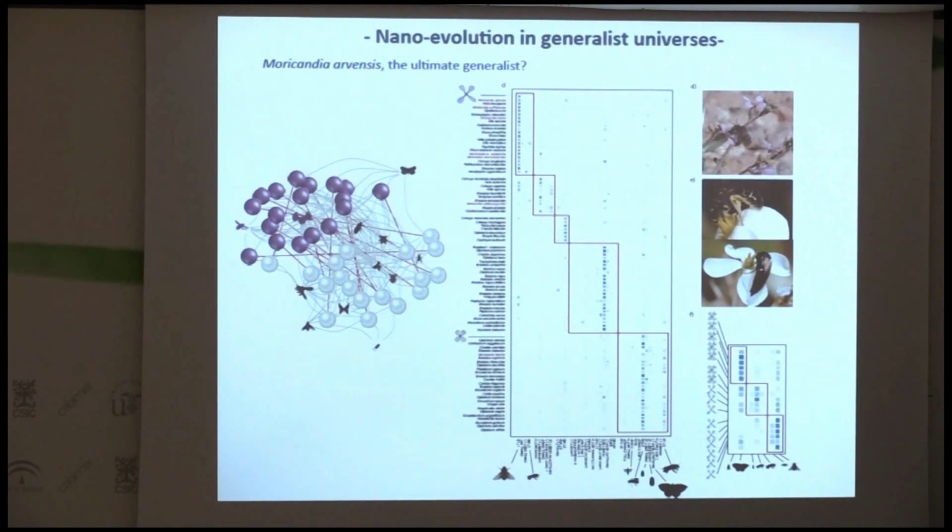If we do exactly the same analysis of modularity that we have done before along this presentation, with the whole bunch of species related with Moricandia, we found that there are about five niches. These are all the species only related with Moricandia.